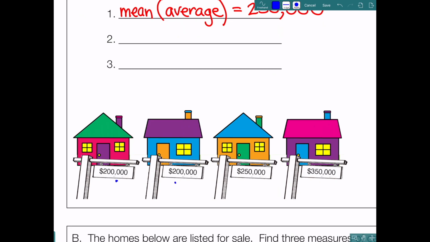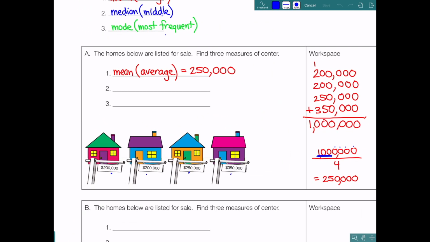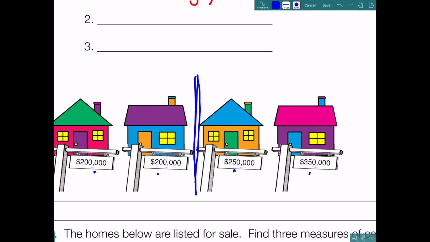Here, the values are in order. There is no house exactly in the middle, so the middle will be right here, in between 200,000 and 250,000.